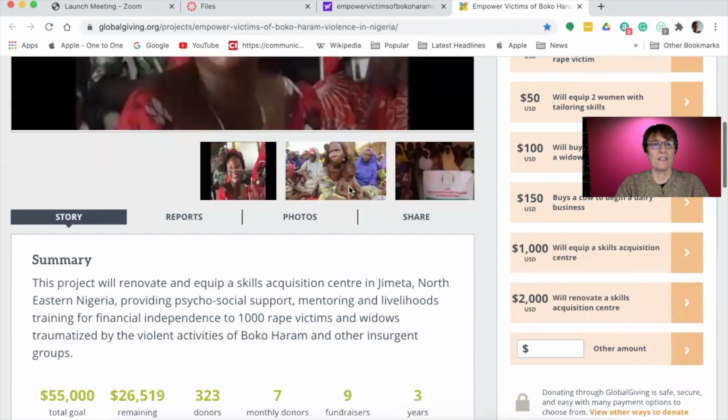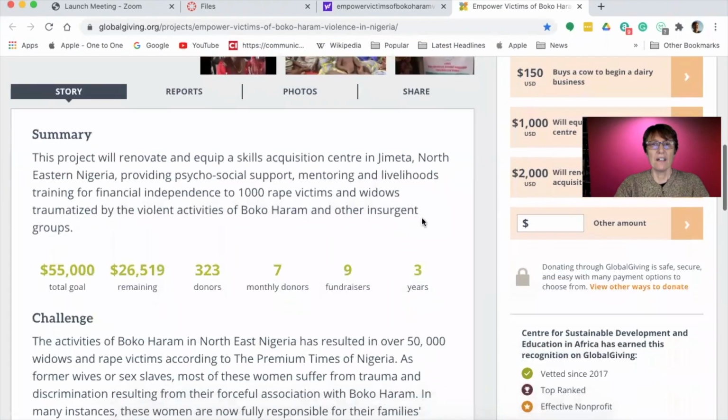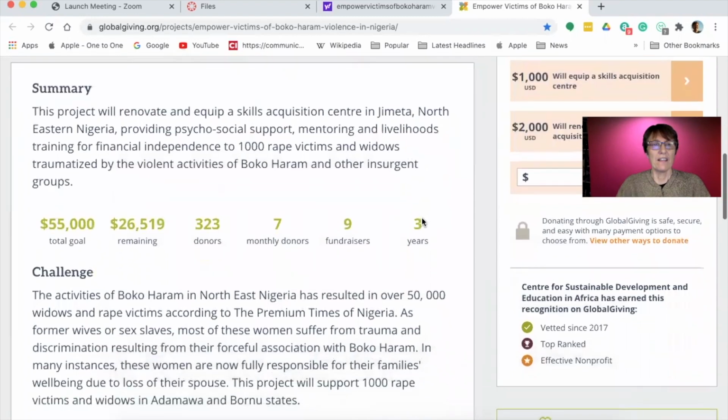And here is a summary of what they do. This project will renovate and equip a skills acquisition center in Himeta, northeastern Nigeria, providing psychosocial support, mentoring, and livelihoods training for financial independence to 1,000 rape victims and widows traumatized by the violent activities of Boko Haram and other insurgent groups.